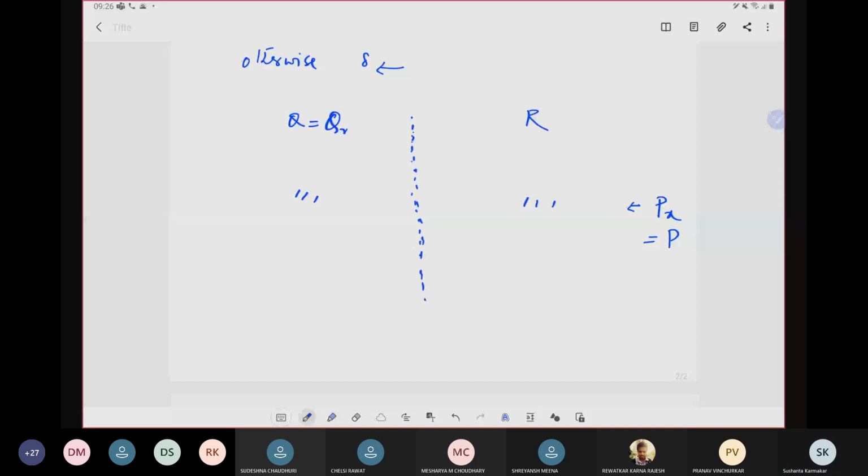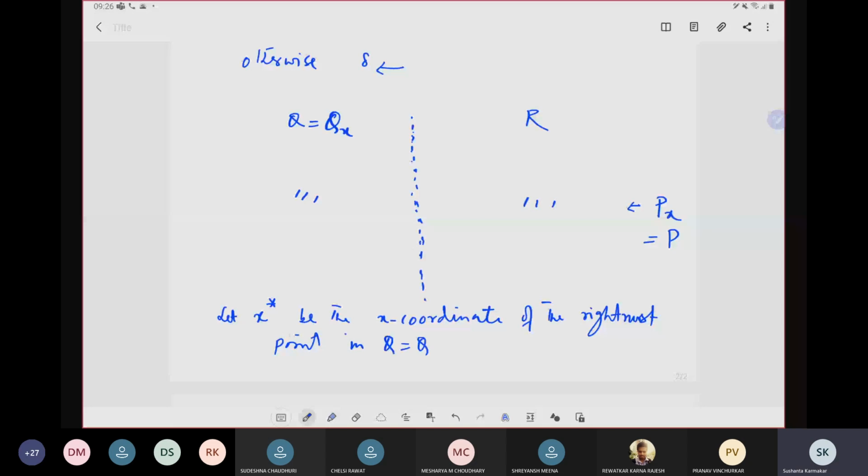Then let x star be the x coordinate of the rightmost point in Q. Rightmost does not mean vertically.